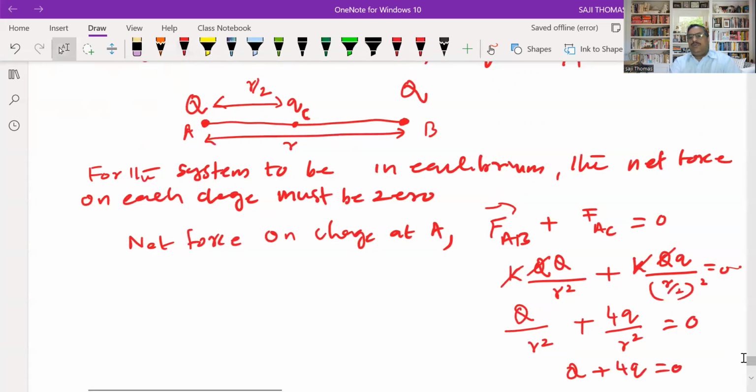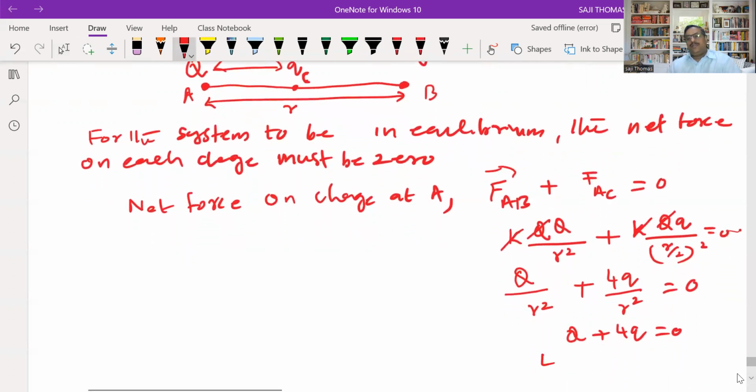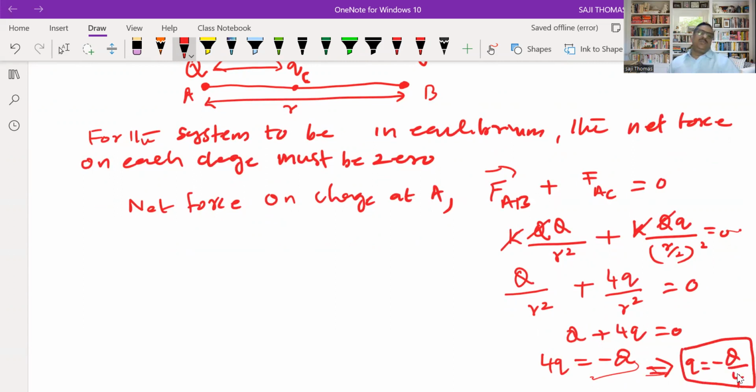That will give you 4q equals minus capital Q, so small q is minus capital Q by 4. So you proved it. So remember, for the system to be in equilibrium, the net force on each of the charges must be 0. So that is proved.